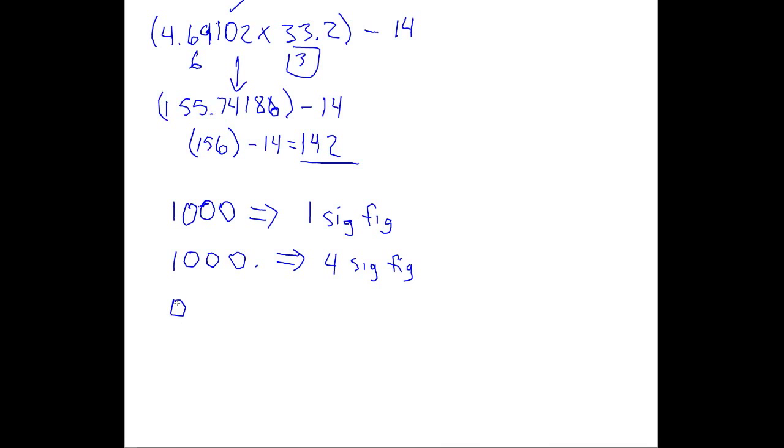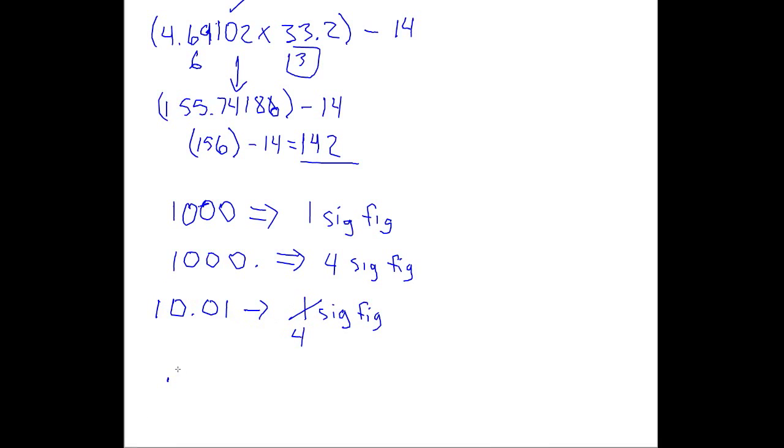So if I had 0.01, that only has 1 sig fig, because these leading zeros don't count. There's not an integer in front here. Now, as soon as I add an integer, that number jumps to 4 sig figs. I've got zeros sandwiched in between two integers.